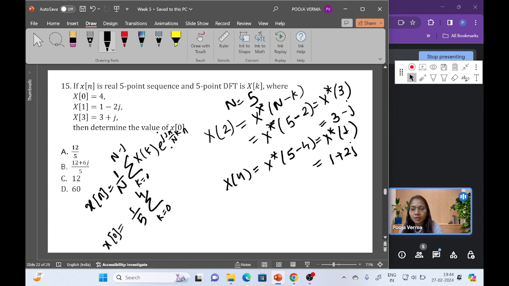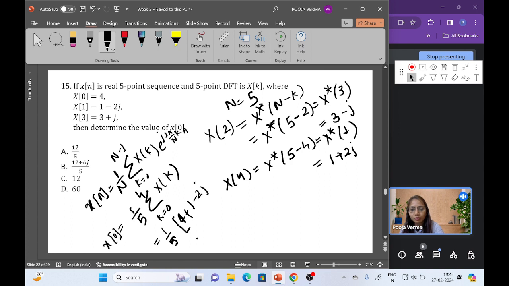Okay, so this part will be the 1 only, so this will be the x of k e to the power, all those is 0, so e to the power 0 is 1. Okay, 1 by 5 summation of all the components. k is equal to 0, so x of 0 is 4, plus if k is equal to 1, x of 1 is 1 minus 2j.